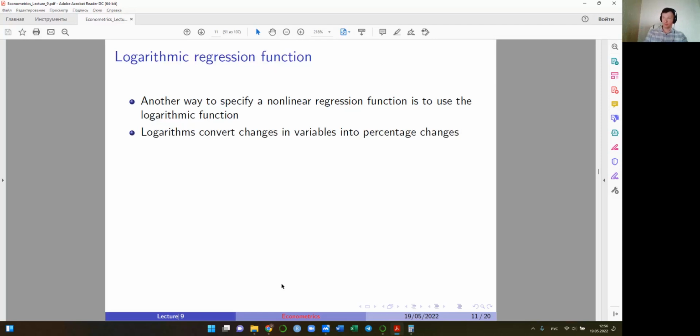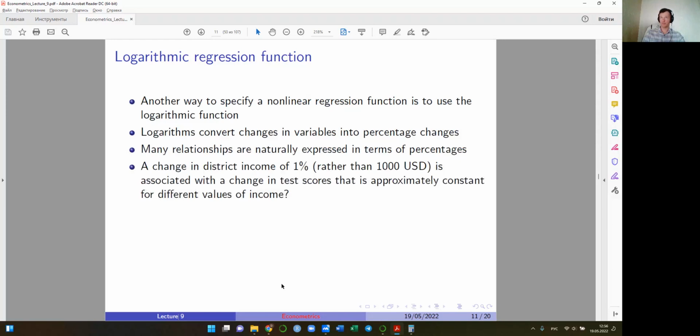So first of all, what this logarithm does from the practical side, we switch from levels into percentage changes. The logarithm approximates the percentage change of the variable, and many relationships in economics are naturally expressed in terms of percentages.